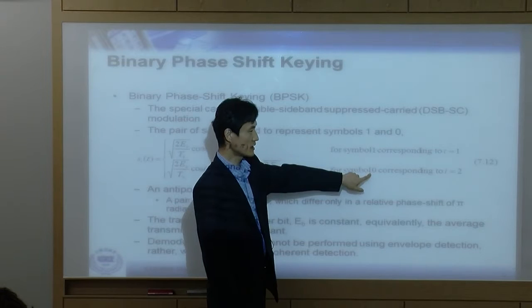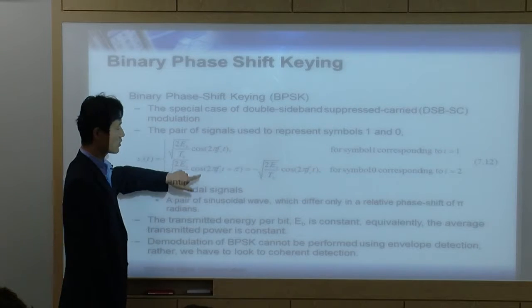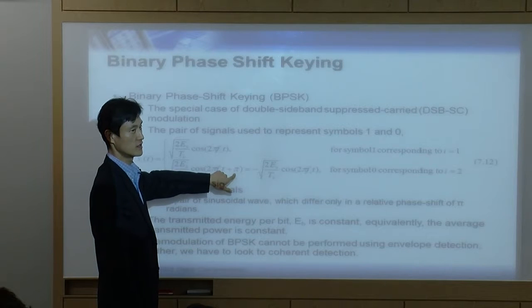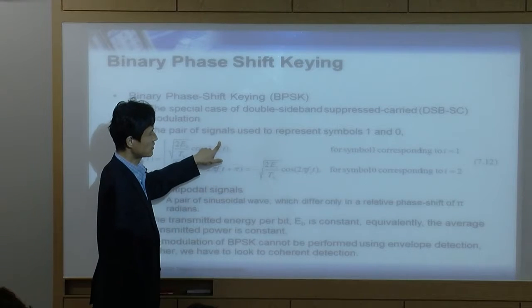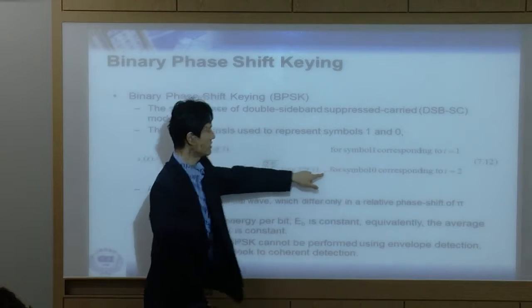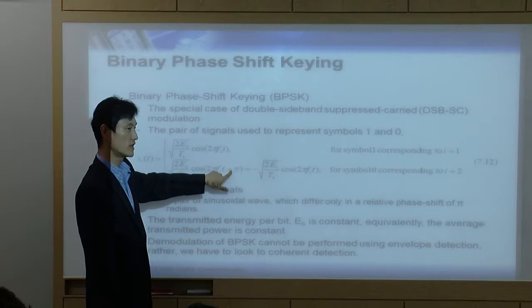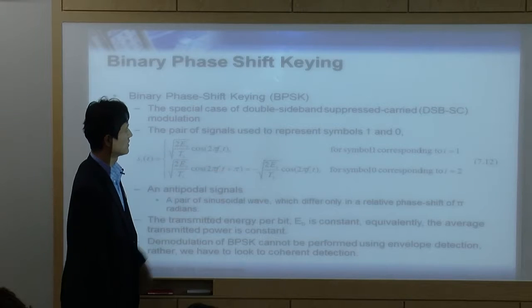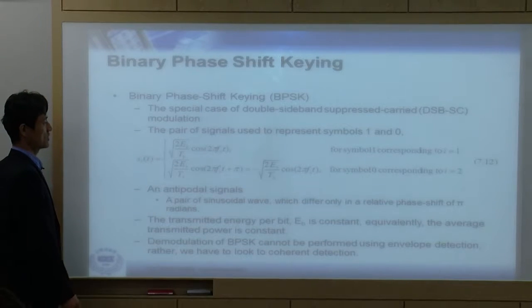When you have a symbol 0, in this case it's the same cosine, but you have a phase difference, phase 180 degree. So symbol 1, phase 0, symbol 0 means phase 180 degree. So we have two different phases, 0 and pi. So that's the phase shift keying.